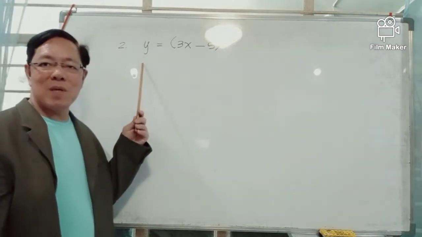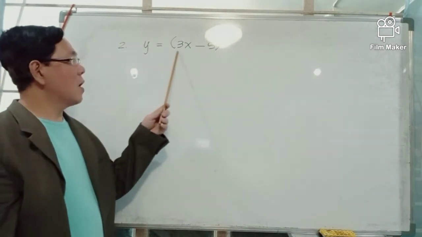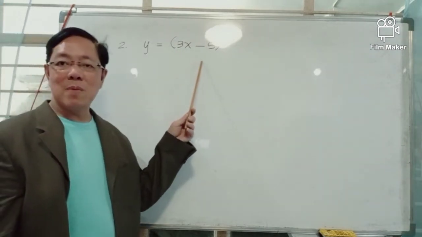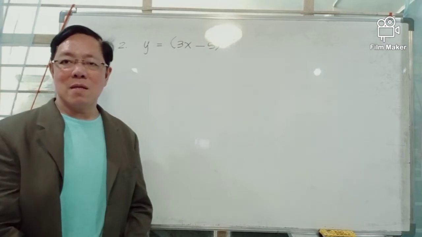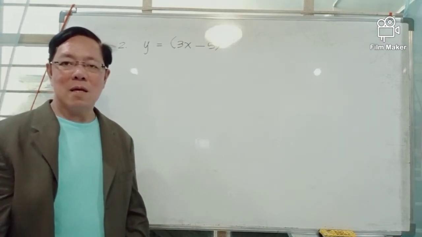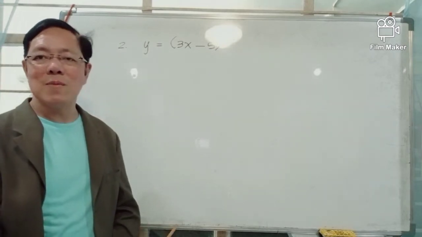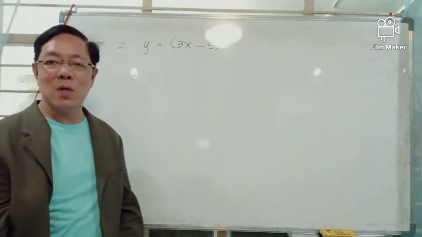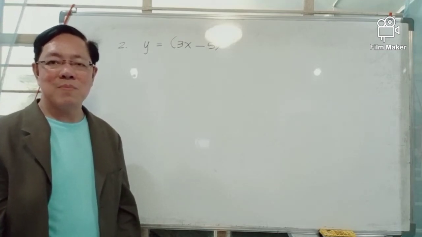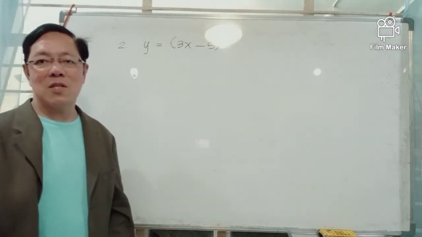The given function is y equals the square of 3x minus 5. The derivative of this function can be obtained using more than one method, but since we have not taken the other differentiation theorems and the chain rule, we will apply the first theorem for differentiation.